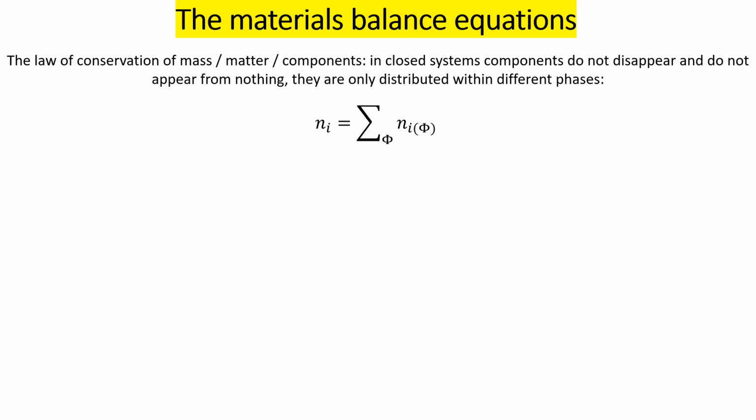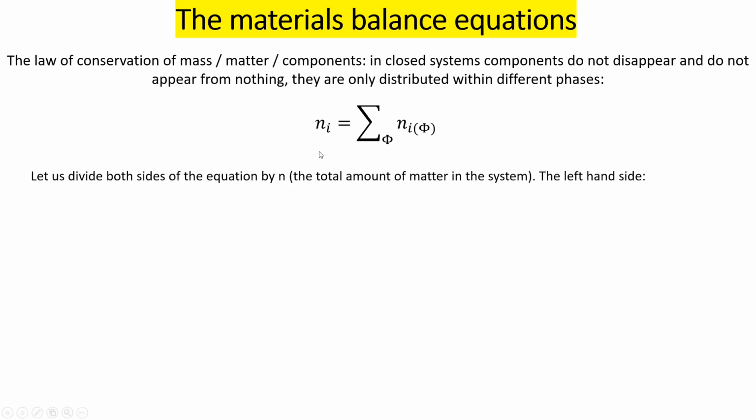Now let me use this law of conservation of mass, or law of conservation of components, to derive a more complex equation, and for that first let me divide both sides of this equation by N. N is the total amount of matter in the system. If I divide the two sides of the same equation by the same number, the equality still holds.